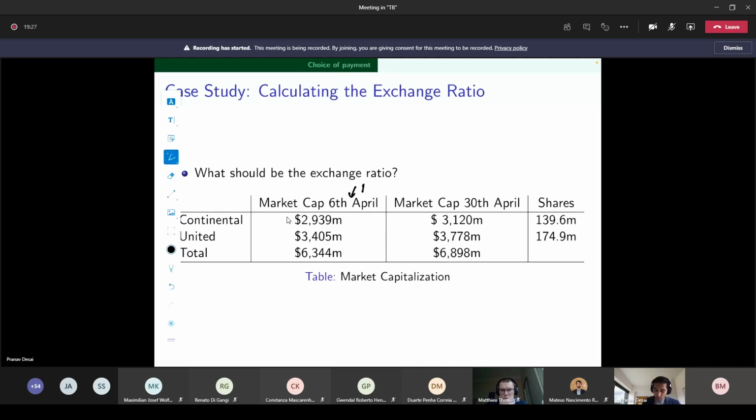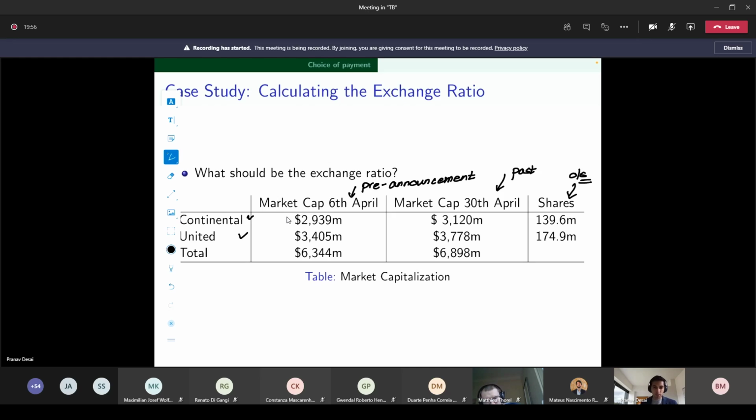What you have here is the pre-announcement and the post-announcement. So exactly the same thing that you saw in the graph, the two circle portions, pre and post-announcement. These are the outstanding shares, so I'm just using an abbreviation: outstanding shares of Continental and United at the moment, that is without issuing any new shares.